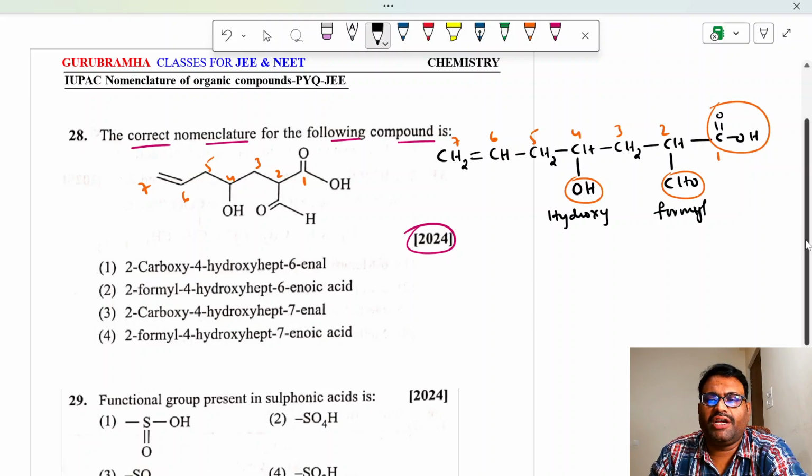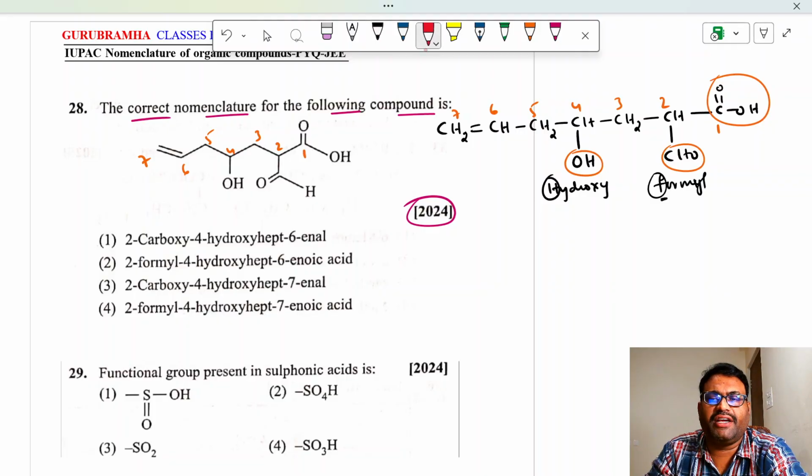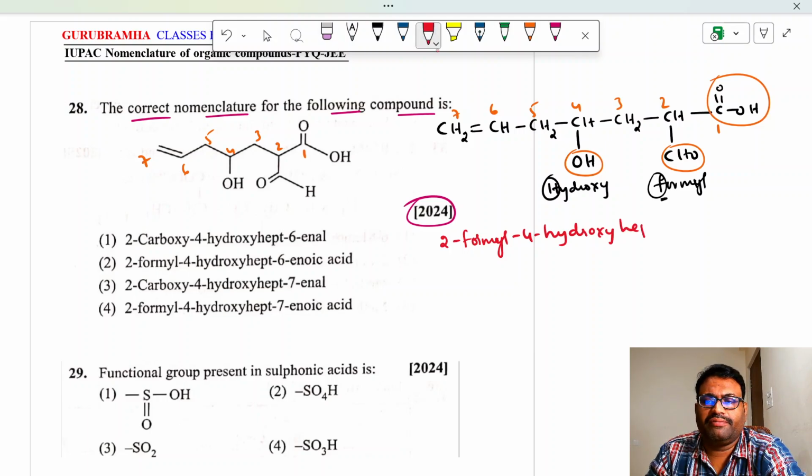Then what will be the IUPAC name for this? There are two substituents, one starting with H and another starting with F. Which comes first? F comes first. So I am writing the name as 2-formyl-4-hydroxy, next hept, as 7 carbon atoms are there, hept-6-ene-oic acid.